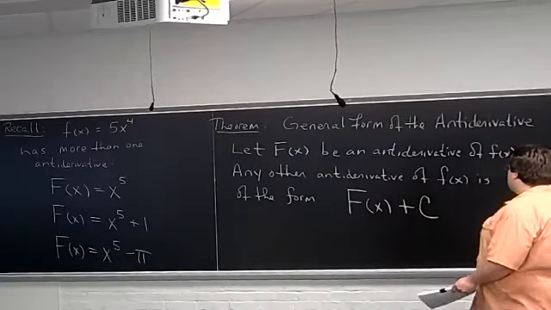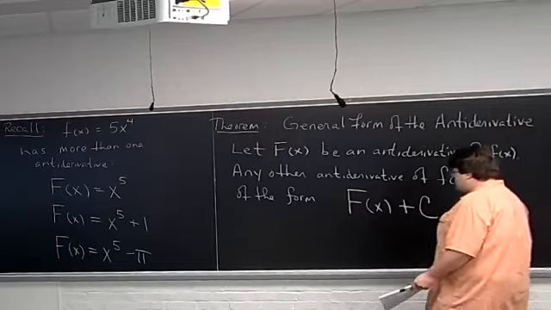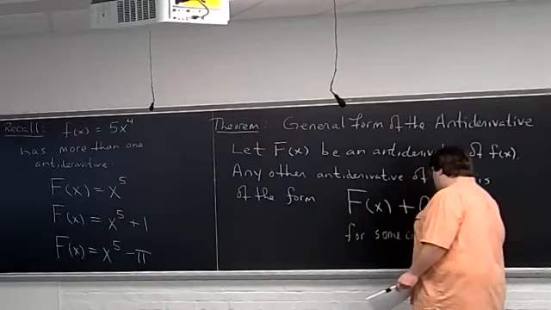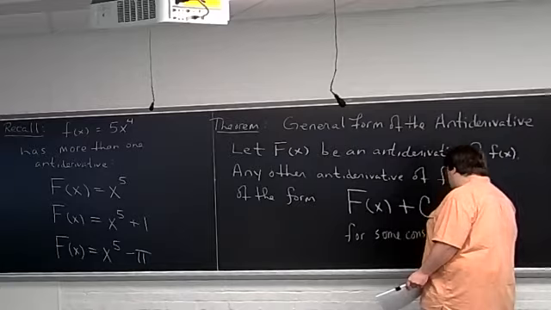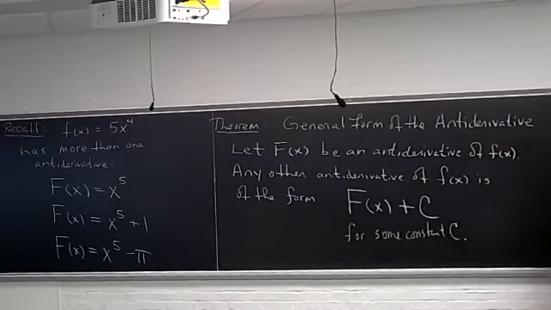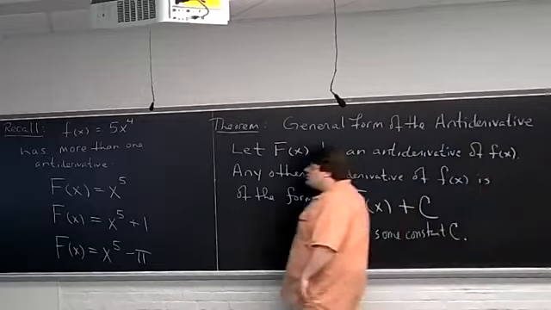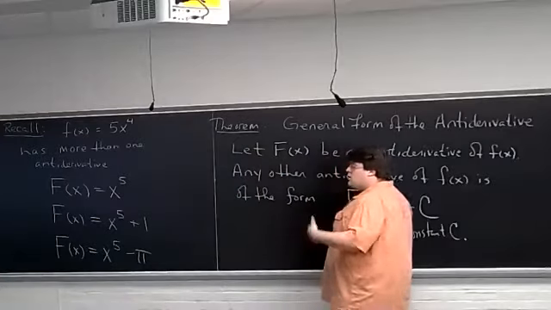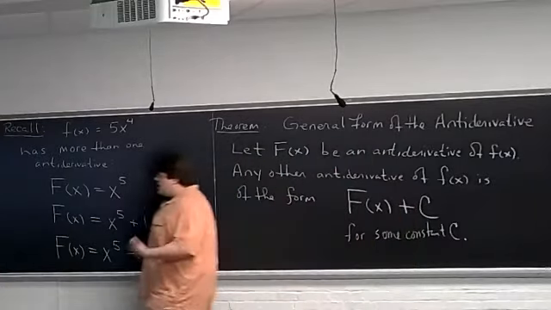Any other antiderivative of lowercase f is of the form F of x plus C for some constant C. And you can see that recollection over there is consistent with this. We found an antiderivative. Here's one. And any other, well, the other two that we found differed by a constant.